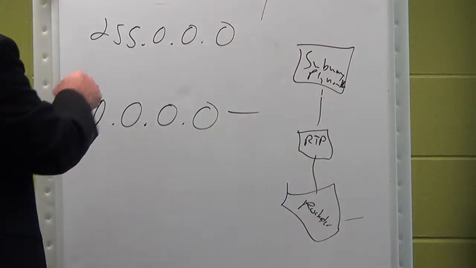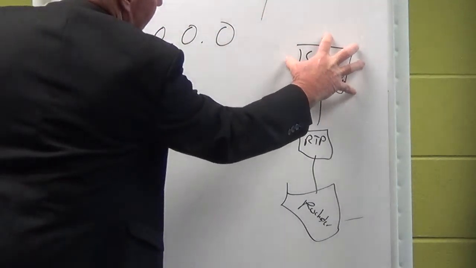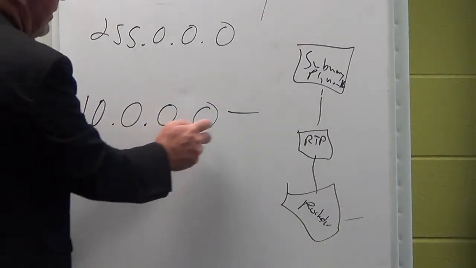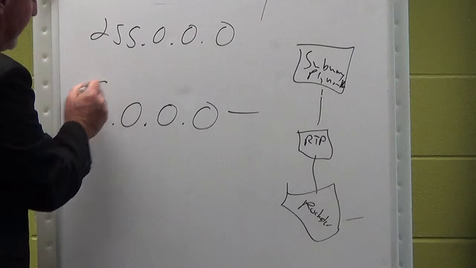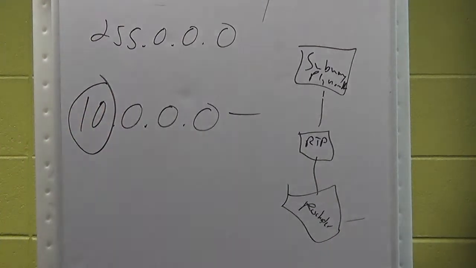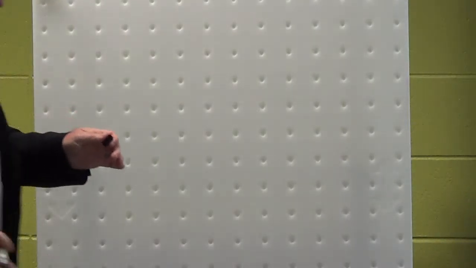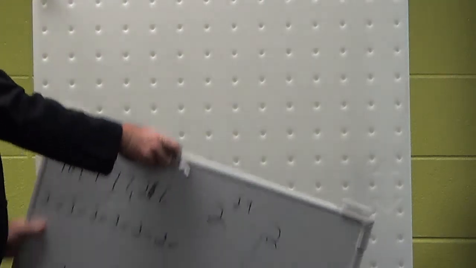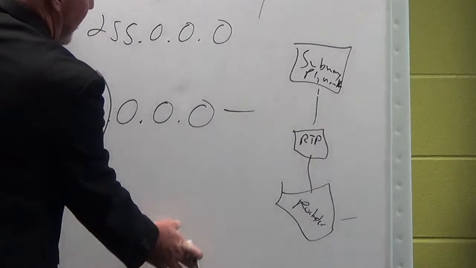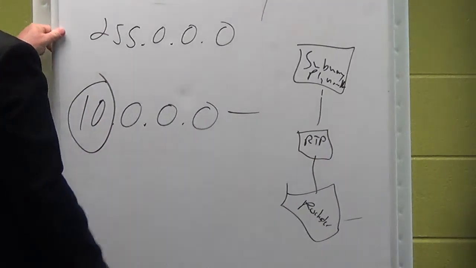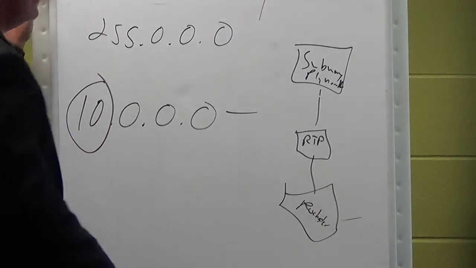Okay? So if my network address for this Subway is 10.0.0.0, and I'm only using this octet for the network addressing, then what are the possible other network addresses for Rochester, Indianapolis, all those?